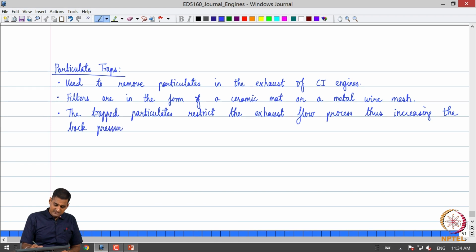So, what is typically required is that these traps need what is called regeneration.